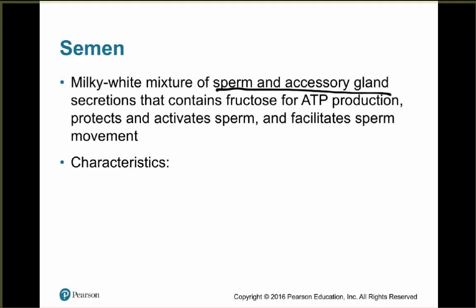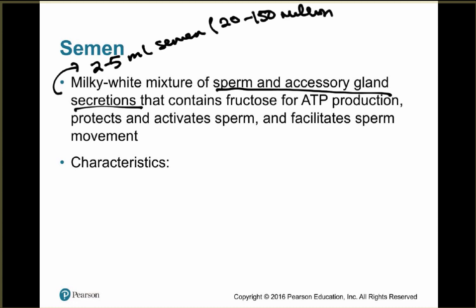Men ejaculate about 2 to 5 mL of semen, and that semen is going to contain anywhere from 20 to 150 million sperm per milliliter. So it's going to have a lot of sperm in there, right? And that semen contains what's known as fructose. Fructose is important for ATP production. It helps to protect and activate sperm, and it's going to help facilitate sperm movement.